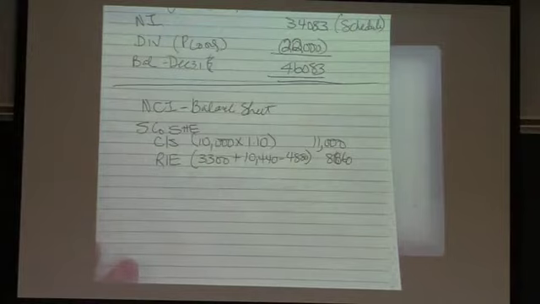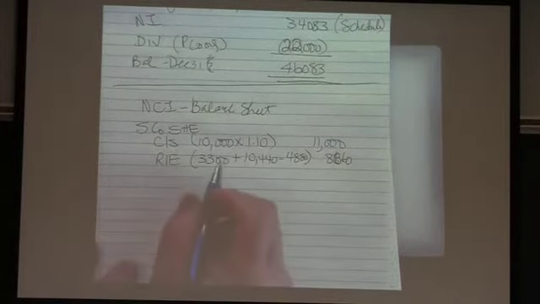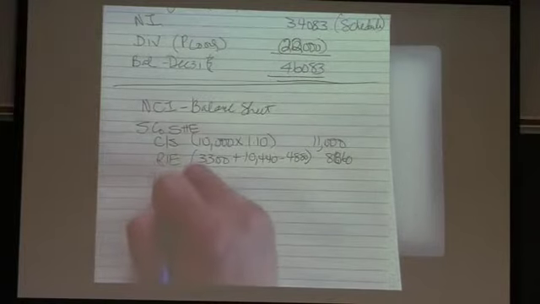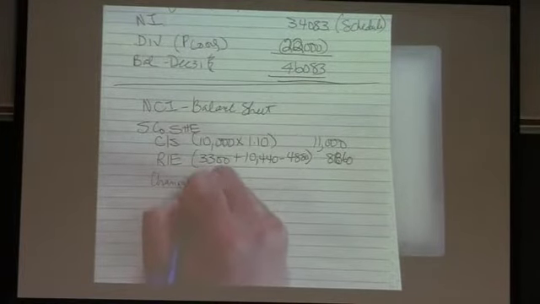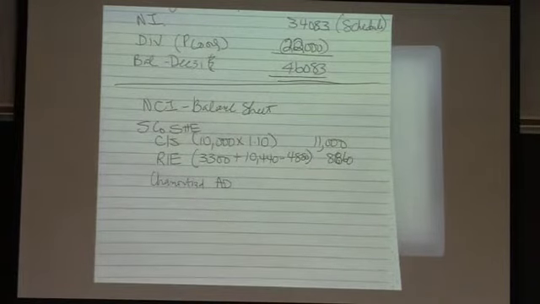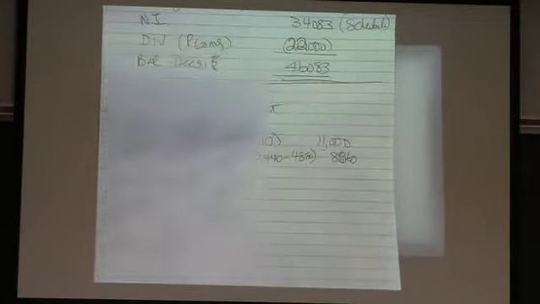Okay, now we need to also look at the unamortized AD. And what was that amount? It was 3,294.